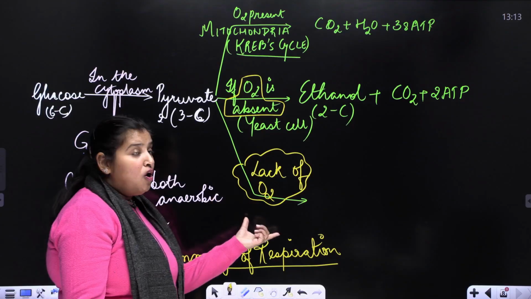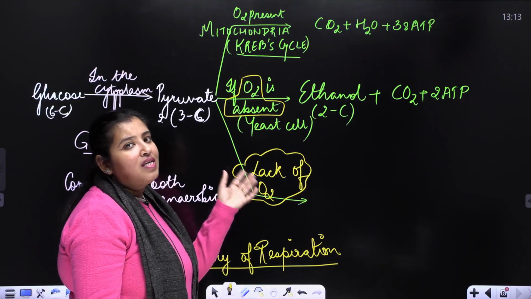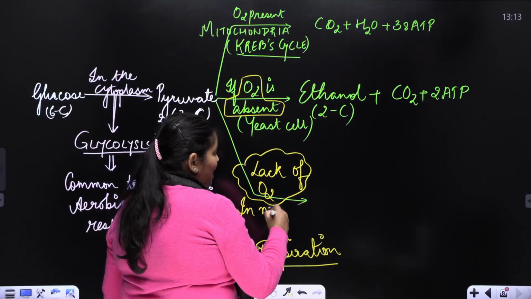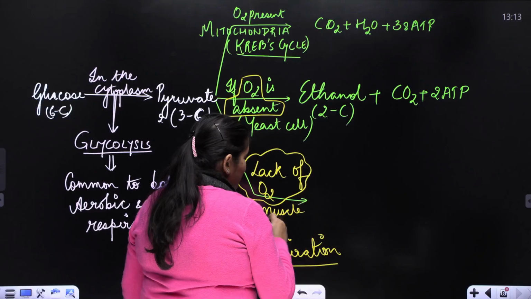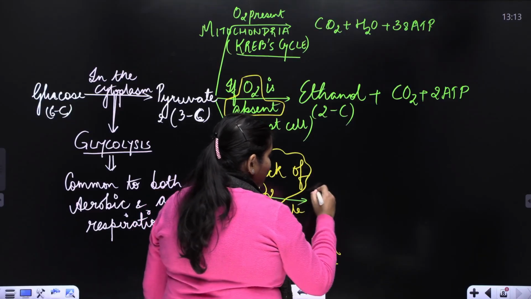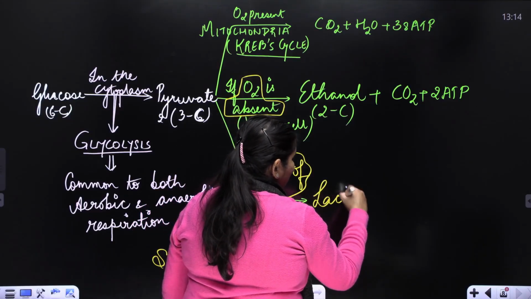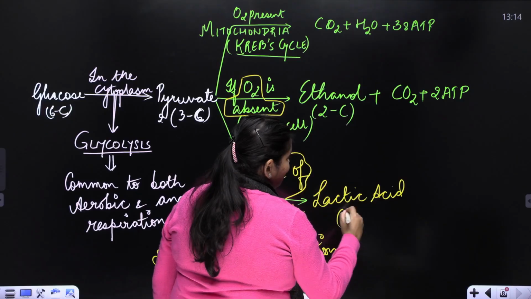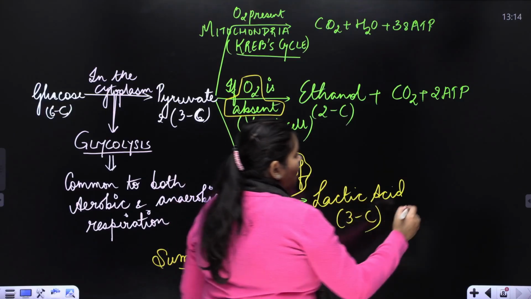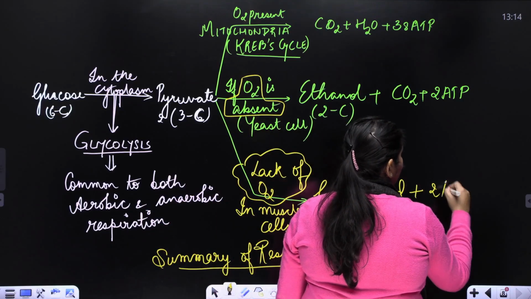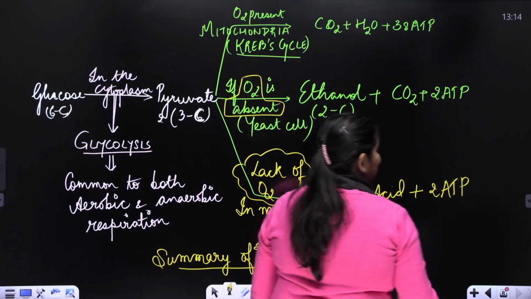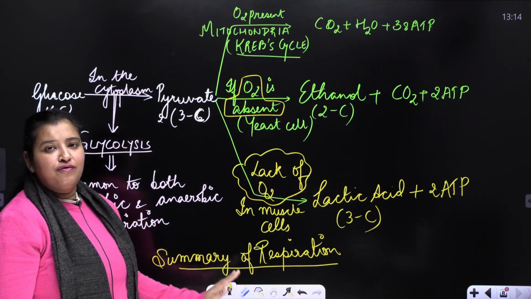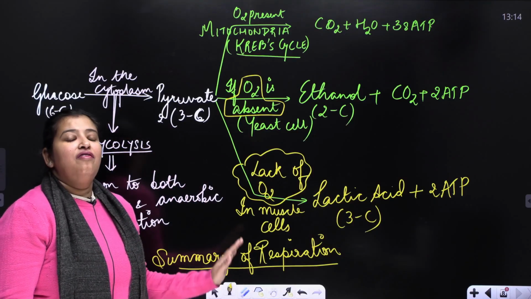It is the lack of oxygen which causes anaerobic respiration in muscle cells. And what is the product? Yes, you know it. It is the lactic acid. And this lactic acid is still a 3-carbon compound along with 2 molecules of ATP.